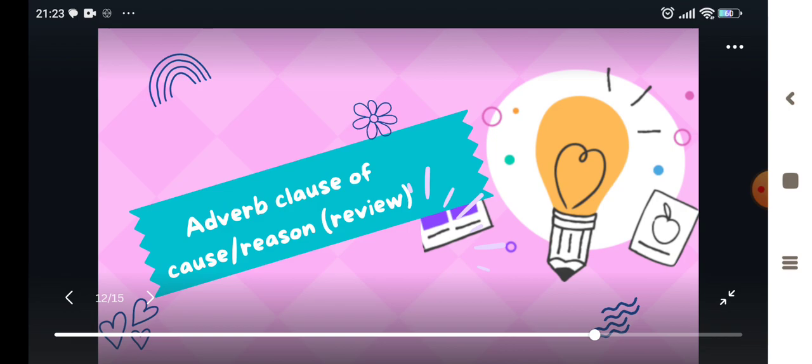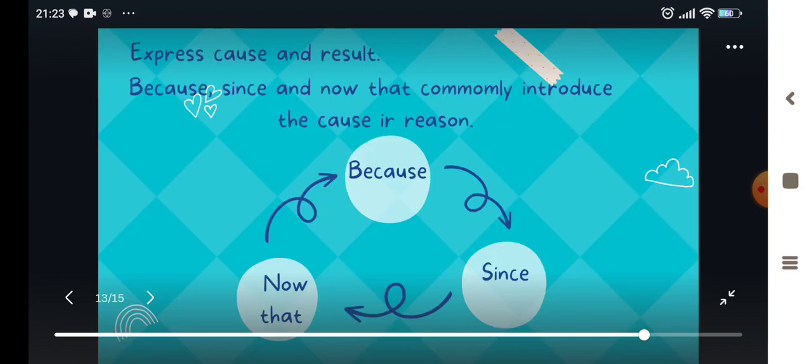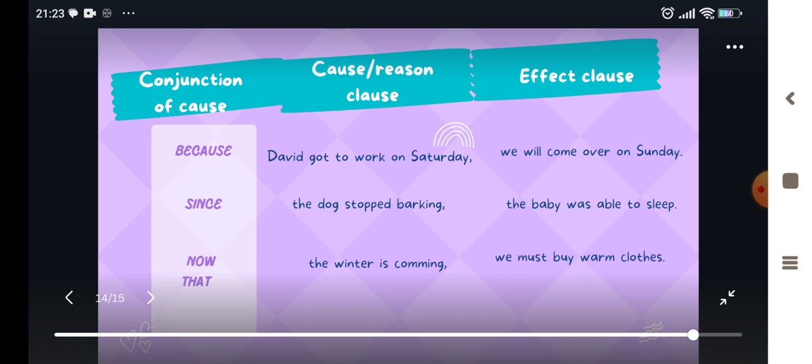Adverb clause of cause, reason. This is a review. Express cause and result. Because, since, and now that commonly introduce the cause or reason. This clause can be placed before or after the main clause without changing the meaning of the sentences.